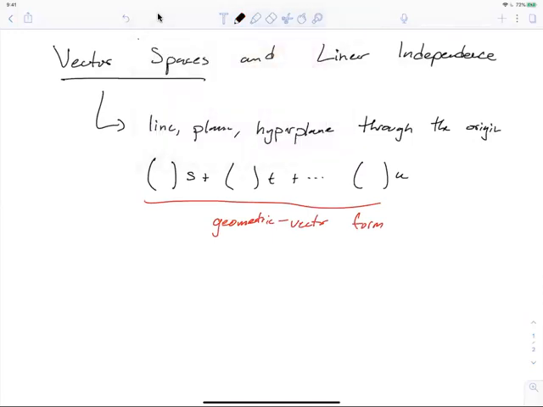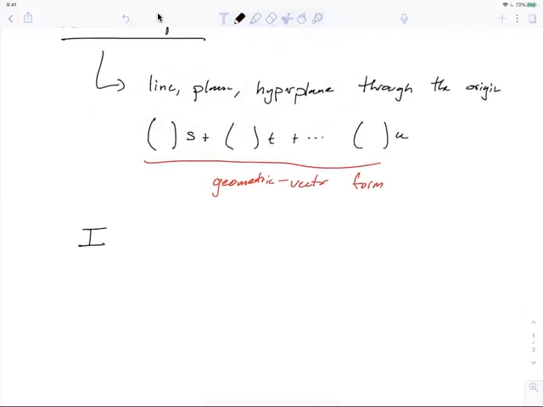So a vector space obeys two important conditions. The first thing is if you have an element of your vector space, a thing in your vector space, and you add another thing, you still get a thing.